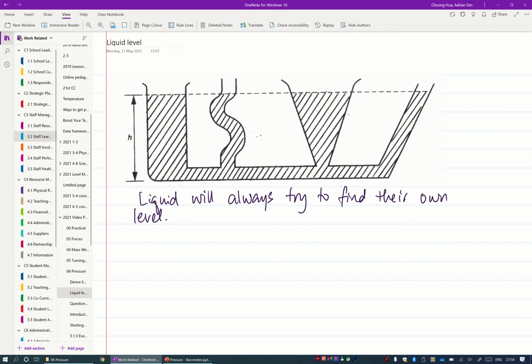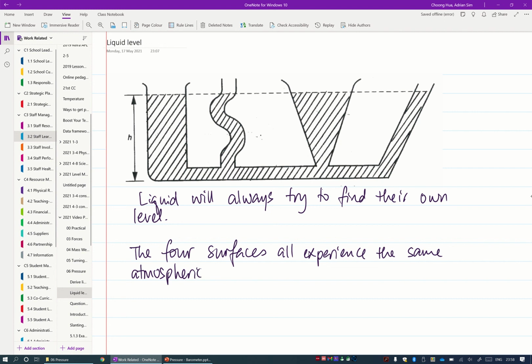That's because the four surfaces all experience the same atmospheric pressure. Hence, they occupy the same vertical height. We can also say that, sorry, should I use the word base?